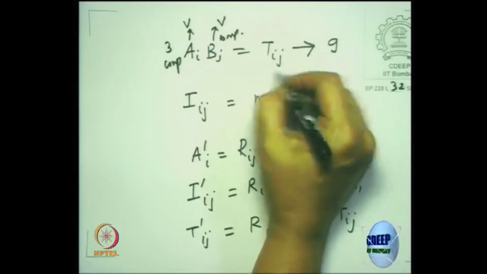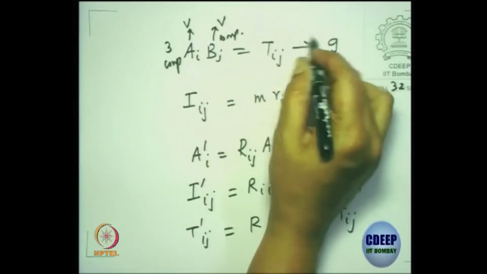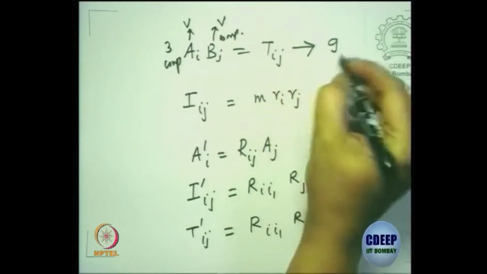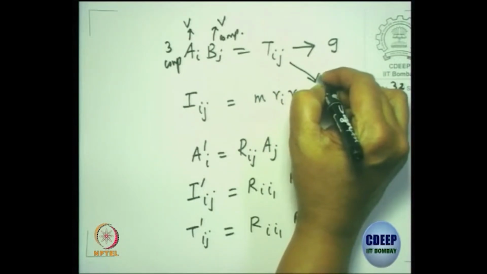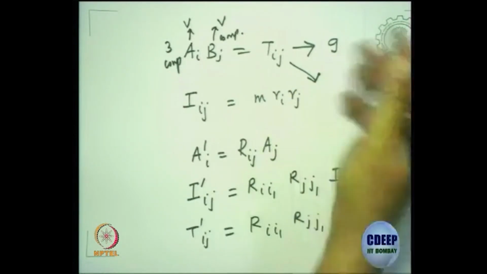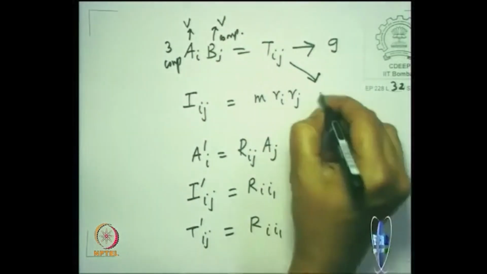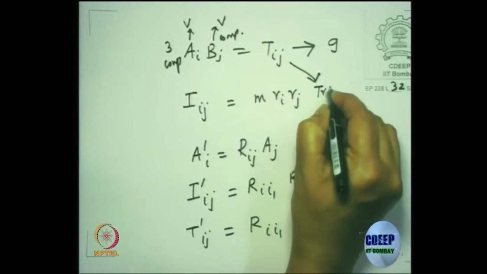So this is uncoupled. I would like to resolve this into pieces which I will call similar to your coupled case. One is the trace of the T matrix.